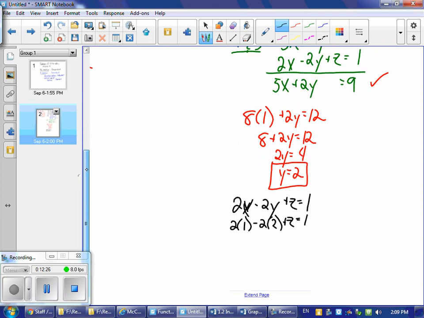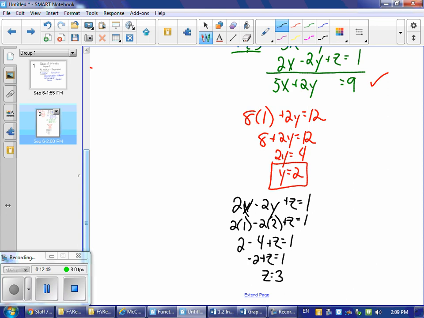Again, just making sure we're following order of operations correctly. Let's see, we're going to get 2 times 1 is 2, minus 2 times 2 is 4, plus z equals 1. 2 minus 4 is negative 2, plus z equals 1. Adding 2 to both sides, we get that z equals 3.